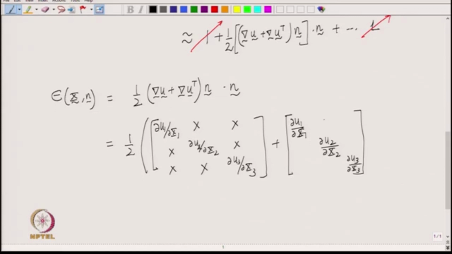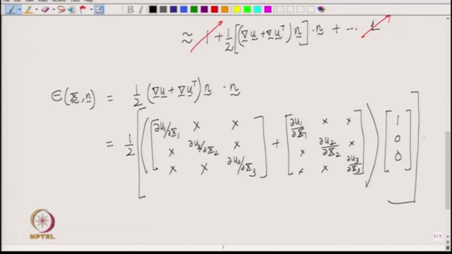Into n, and n is 1 0 0 now, because we say n equal to E 1. The whole thing has to be again dotted with n, which is 1 0 0.